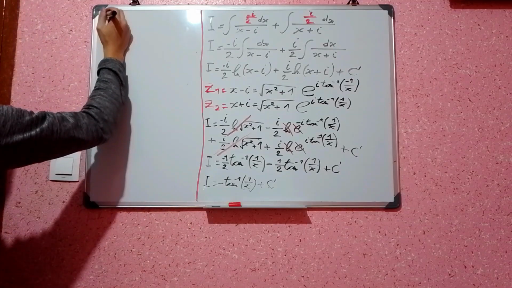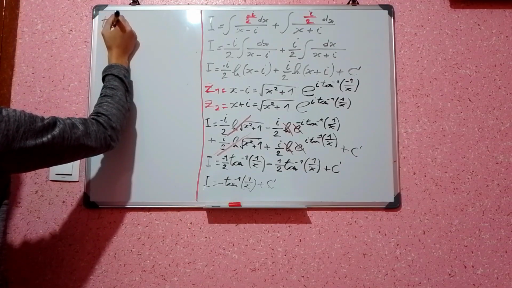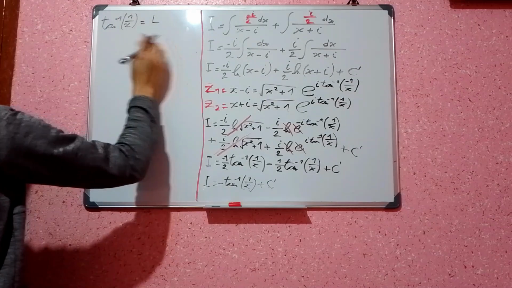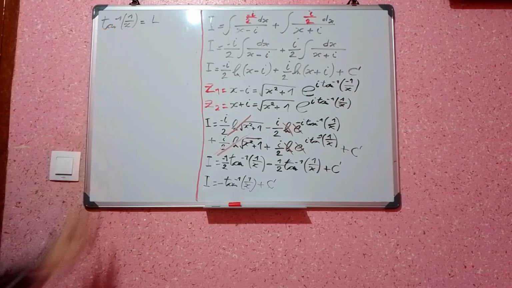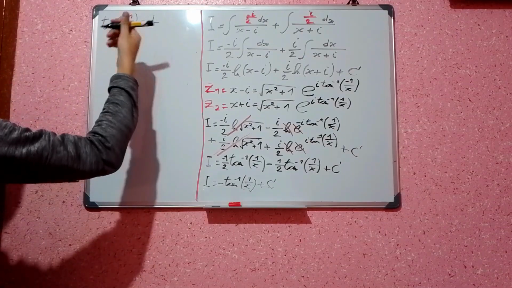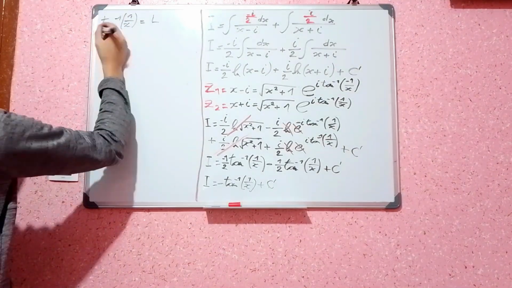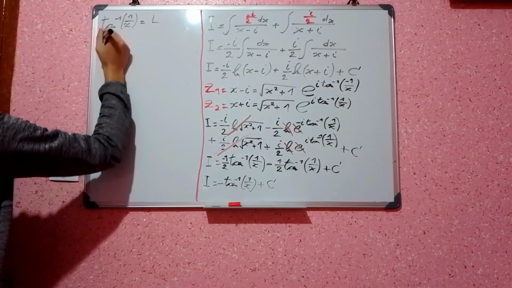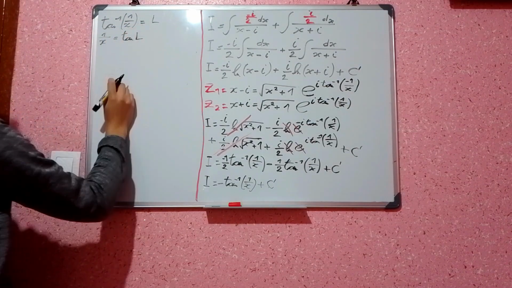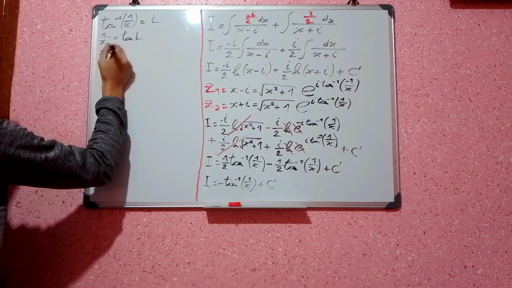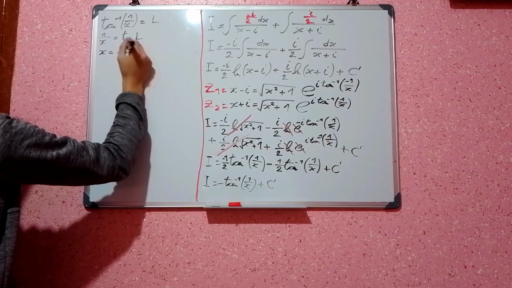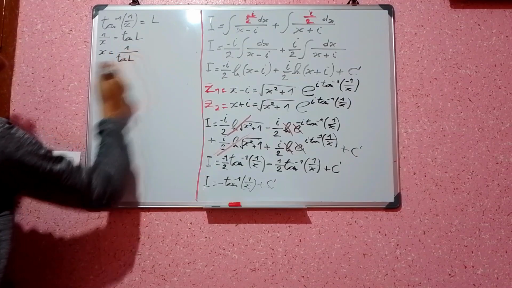Okay? We have inverse tangent of 1 over x equals something, okay? I want to simplify it a bit, because it's just weird to have 1 over x inside the inverse tangent. So we have 1 over x equals tangent of L, so that x equals 1 over tangent L, okay?